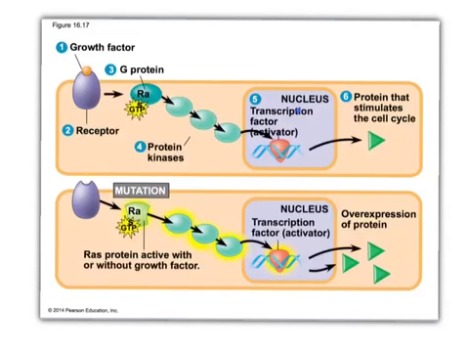Now, growth factor is still there, but now I have an overactive or even too much RAS. RAS protein is overactive. It's going to induce that cell signaling cascade. It's going to make this go faster.